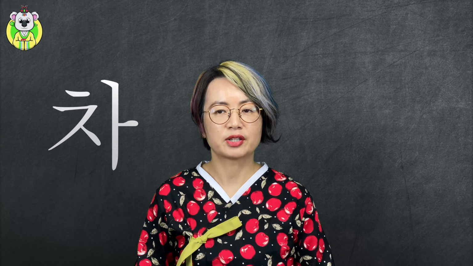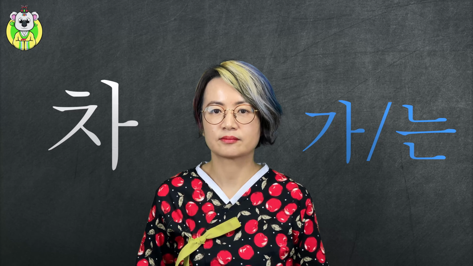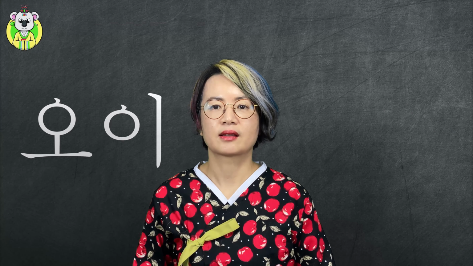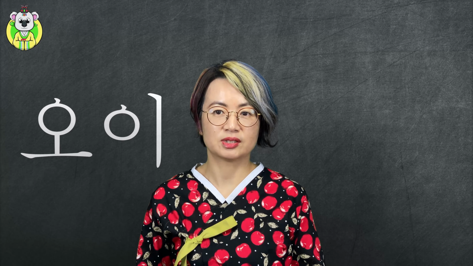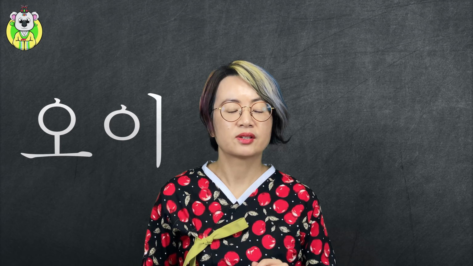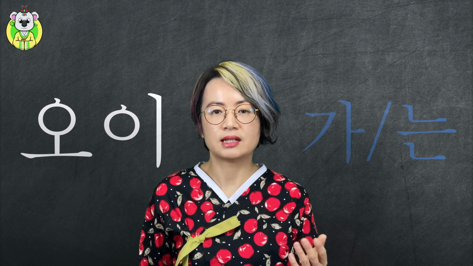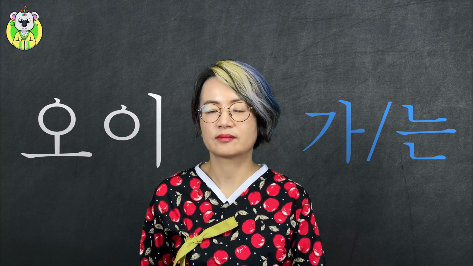So the following markers should be a consonant, which would be either 가 or 는. 오이. There's no final consonant, and it ends in a different vowel this time, 이. So the following markers should be the same as the previous ones, 가 or 는.